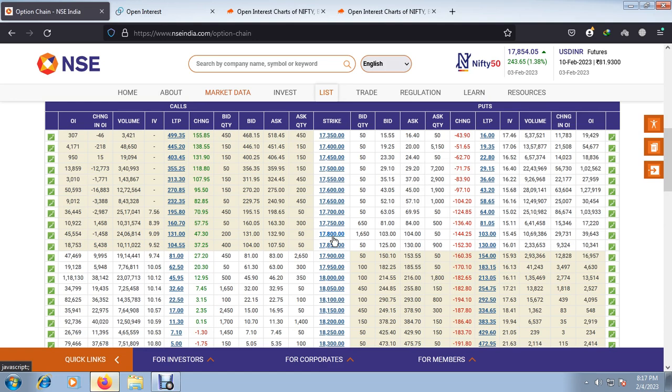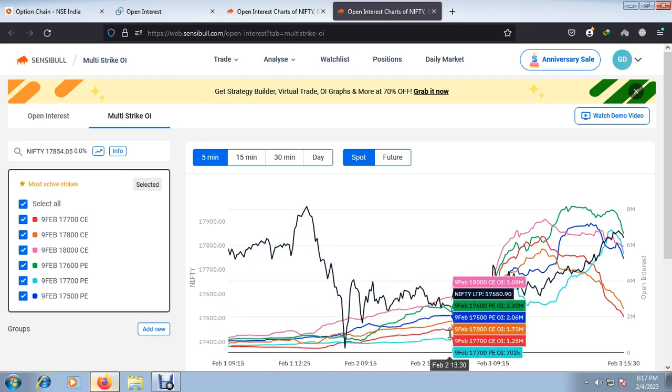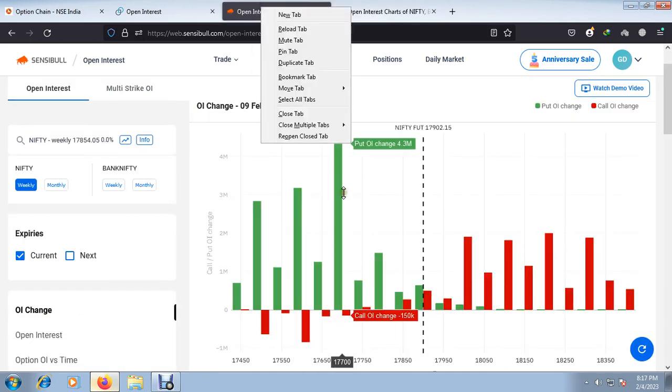For that reason we see this graph. This graph is very helpful. You can find out which strike prices are currently most active, which are having the highest open interest among the call and the put sides. From this bar we found out that 17700 is having the highest activity. Next is this one, 17600.